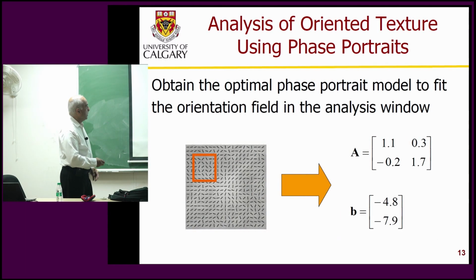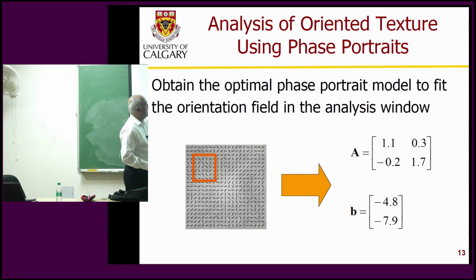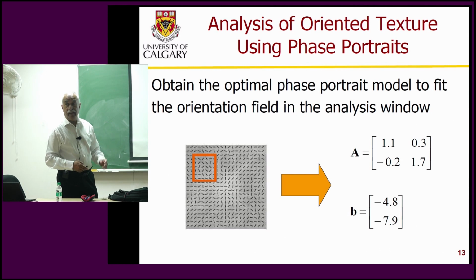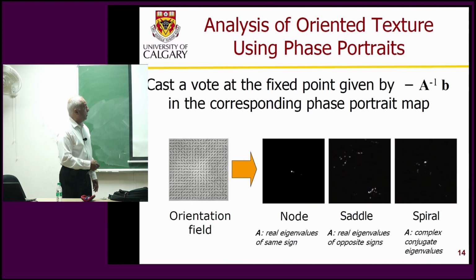And then we translate this and scan the image, and for every pixel we ask the question, what are these two matrices A and B? What are the eigenvalues of A? And depending on the eigenvalues, real eigenvalues of same sign, there are 2 values for the 2 by 2 matrix, it is a node.